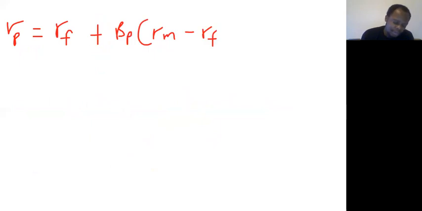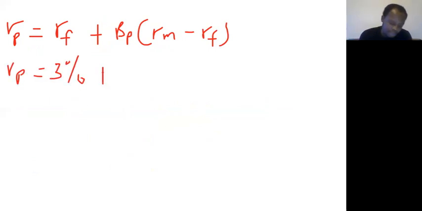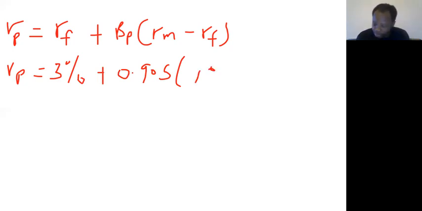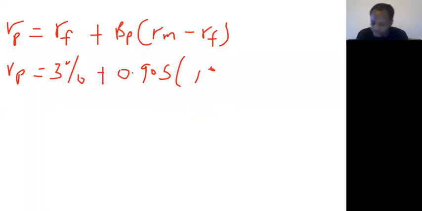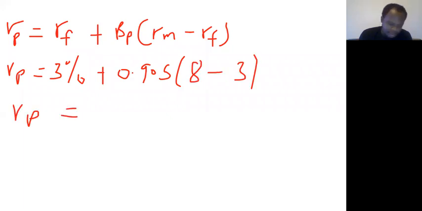Now RP is equal to 3% plus the beta of the portfolio, which we got to be 0.905, and in the question, the expected return of the market was given as 8%, so multiplied by the bracket 8 minus 3, and RP equals 7.525.